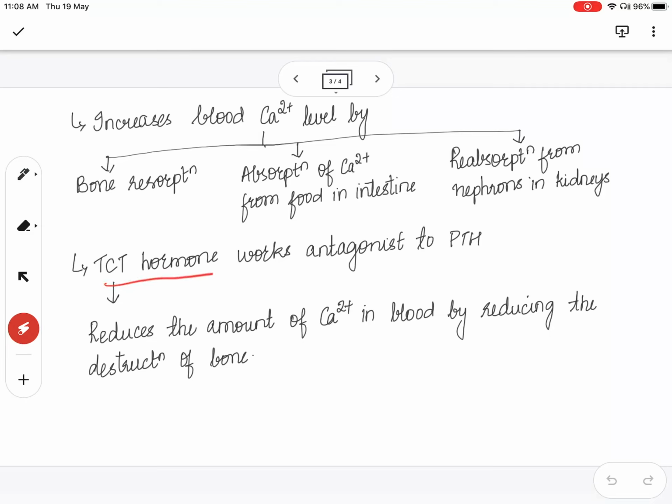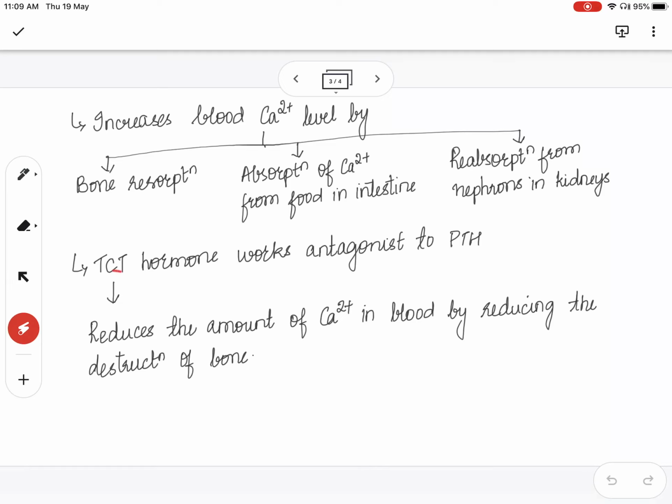Now, thyroid calcitonin, TCT, works antagonistically to Collip's hormone, parathyroid hormone or PTH. Why is that so? Because PTH, or parathormone, is hypercalcemic, while this hormone, which is secreted from the parafollicular cells of the thyroid gland, is a hypocalcemic hormone.